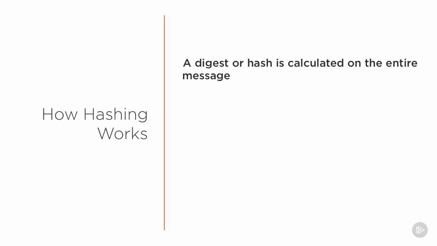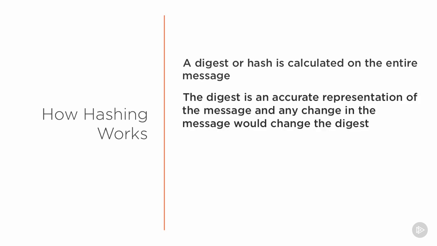What we do is we take an entire message and we run it through a mathematical algorithm called, in this case, a hashing algorithm that then generates a computed or calculated value of that message. We could call that generated part a digest, or sometimes we'd just call it a hash. And that digest is an incredibly accurate representation of the message.